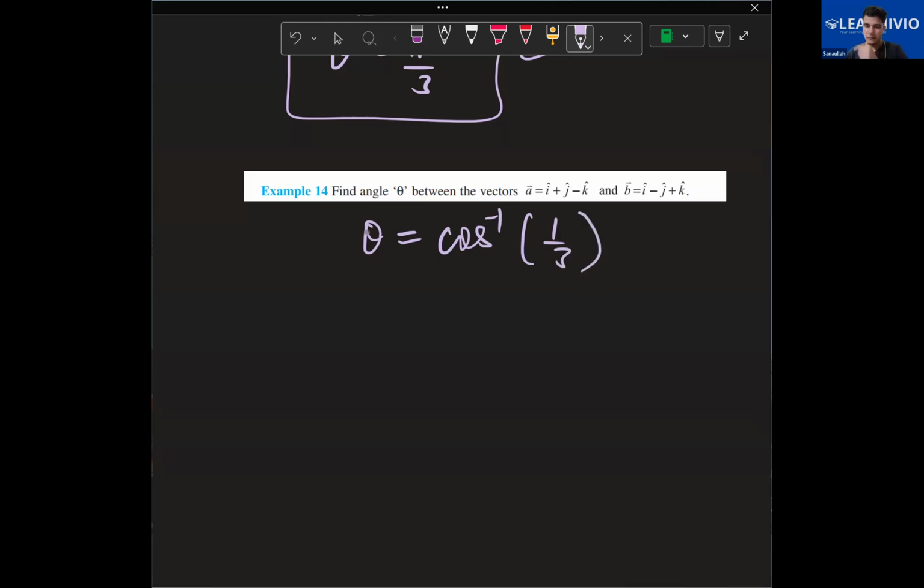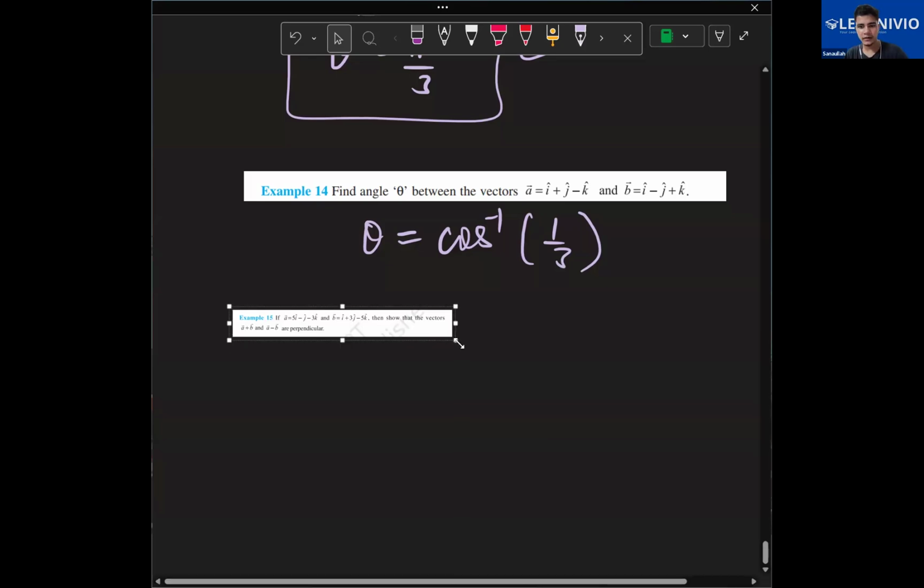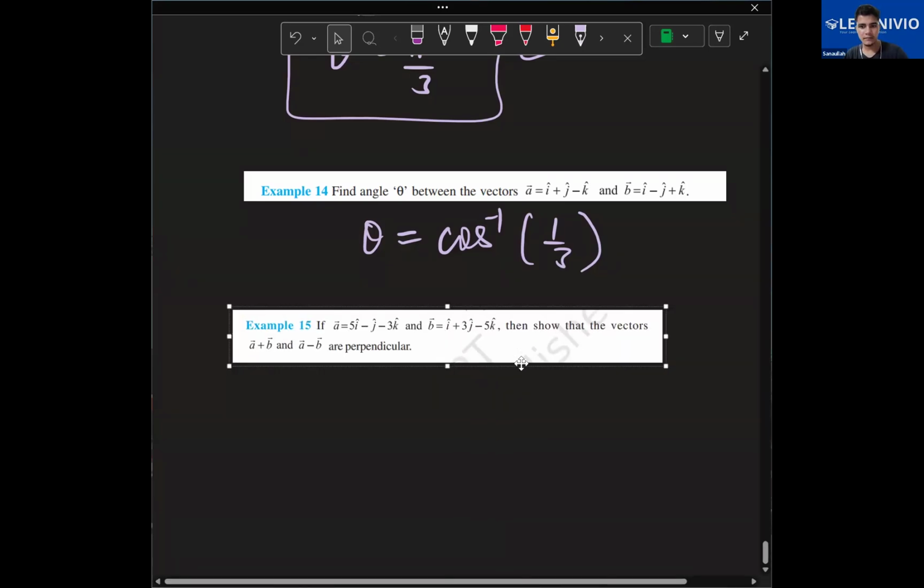Okay, tell me, what is the dot product when you are given two vectors that are perpendicular? What if a question asks you to prove that some vectors are perpendicular?